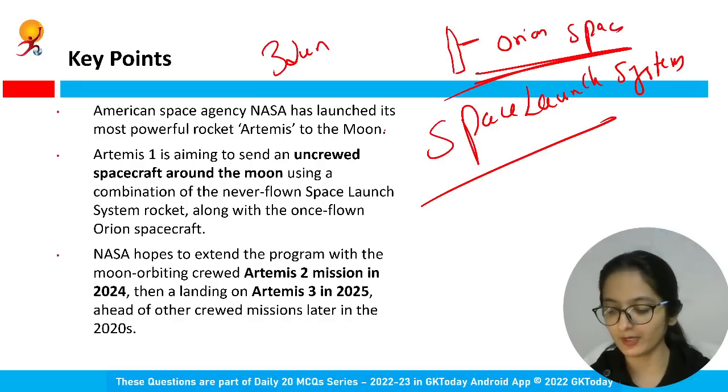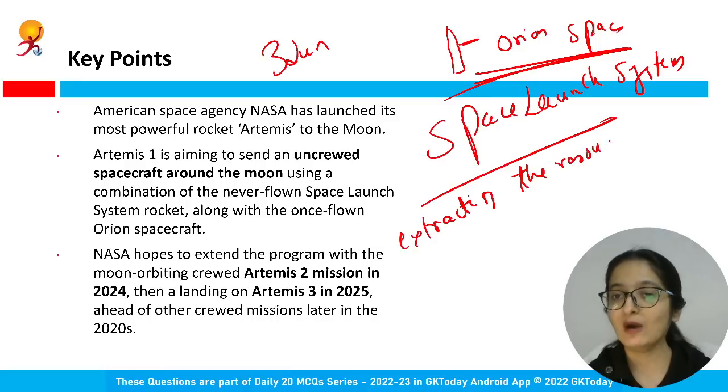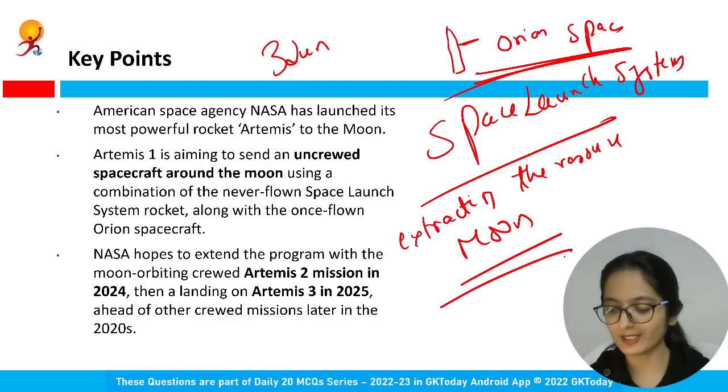Please do remember Orion spacecraft. Are you getting my point? So basically this mission is completely about extracting the resources found on the moon. Very important. Please do remember that, so as to harness hydrogen and helium as an energy resource. I hope now you all are able to understand what I'm trying to say with respect to this mission.